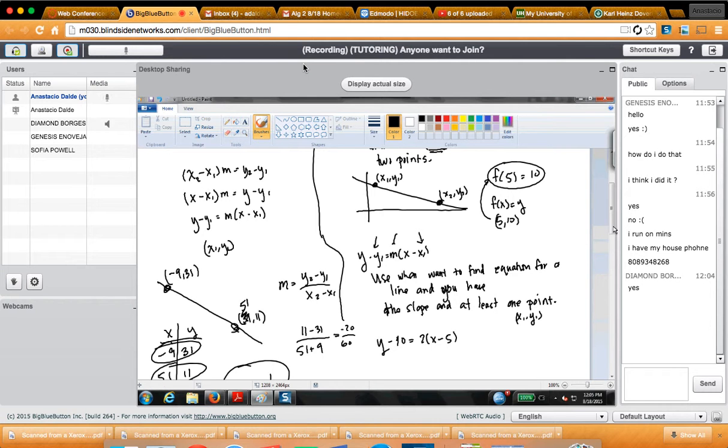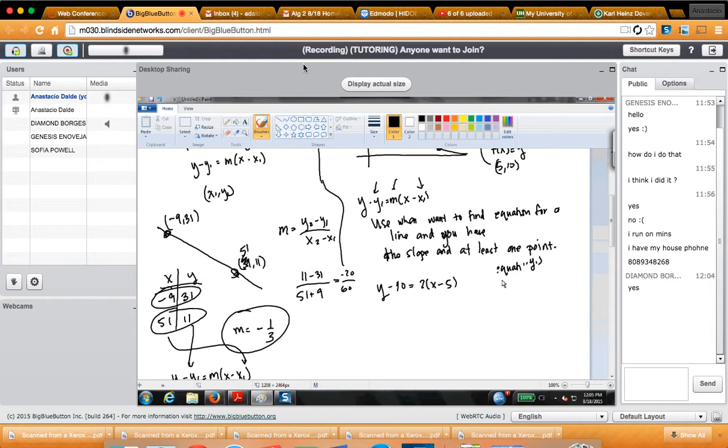I would plug the x coordinate and the y coordinate into here and the m that I calculated. And then my equation would end up being something like y minus 10 equals 2x minus 10, and so y equals 2x. So this would be my equation for the line, because I like having y all by itself. I think the only difficult part about this, once you get it into this form, is distributing the m when you multiply, and then adding that y1 over to the right-hand side.